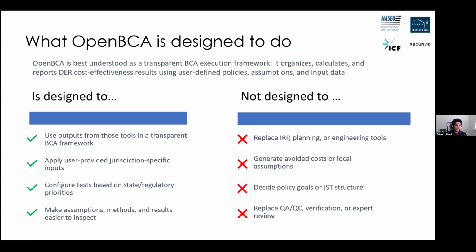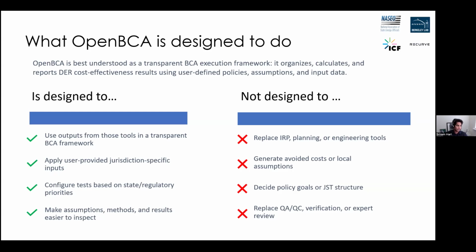And it also does not generate any avoided costs like energy or capacity on a dollar per kilowatt hour or dollar per megawatt hour basis by itself. Instead, it can use any locational developed avoided costs, either by regulatory proceedings or through any additional IRP modeling to give you outputs for that specific jurisdiction.